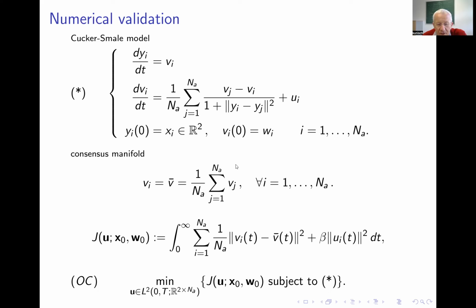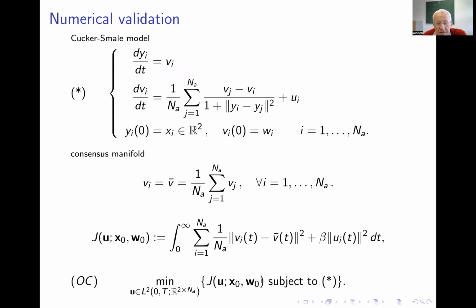I introduce the average of the velocities, and we want the agents to run in the same direction with the same velocities. That's behind this cost functional: NA agents running with the same velocity in the same direction, and a little bit of cost for the control, the dog who is after the sheep.